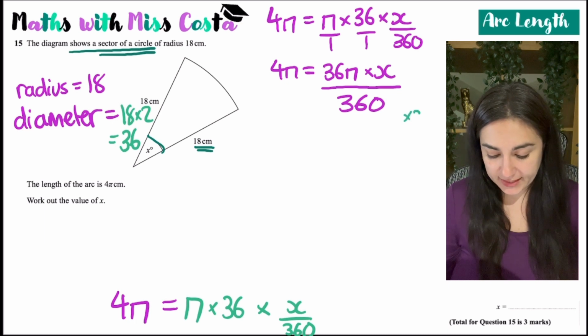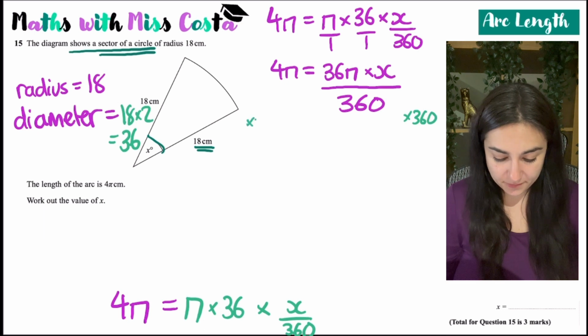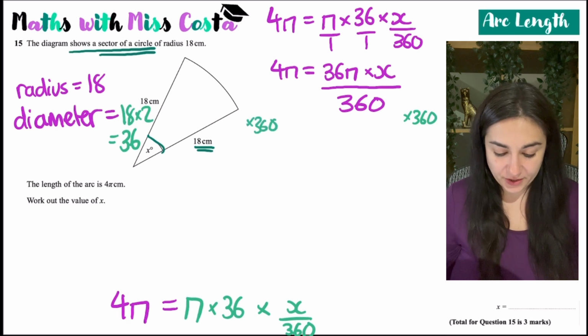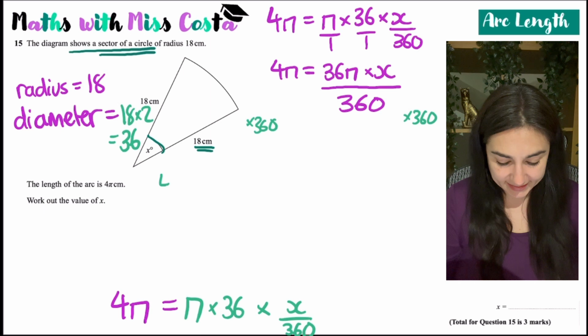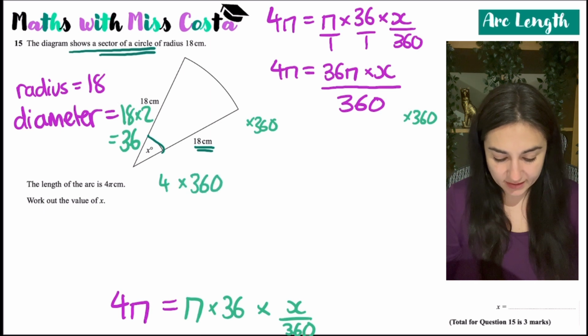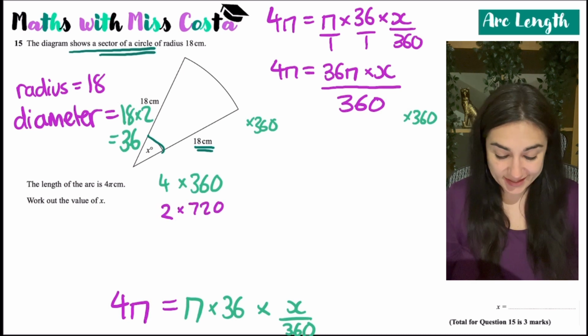What I could do is then times both sides by 360. So 4 times 360, remember when we're doing non-calculator, we can use the double and halving rule. So double one and halve the other. So 2 times 720 is slightly easier to do. 2 times 700 is 1,400 and double 20 is 40.